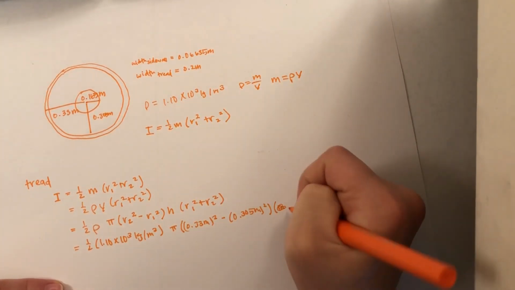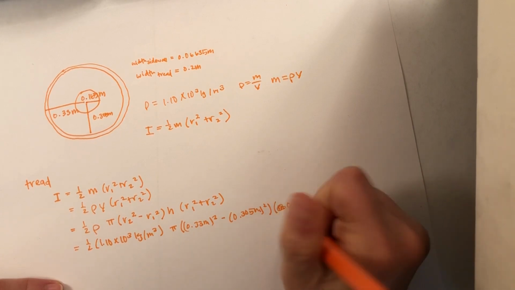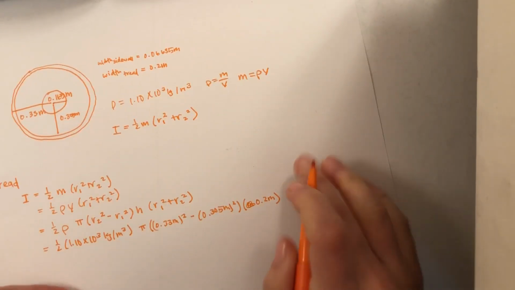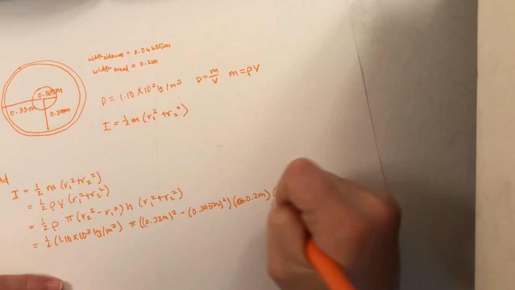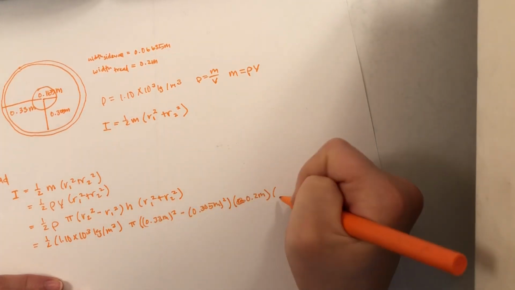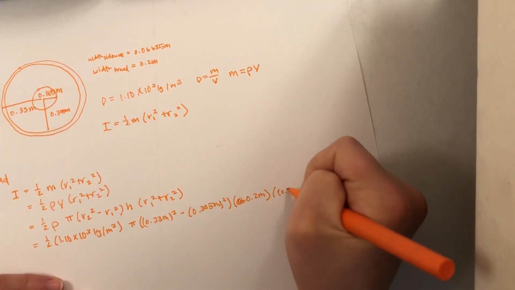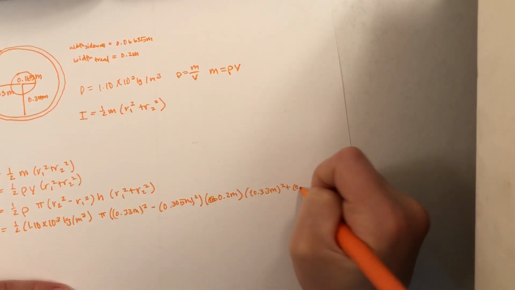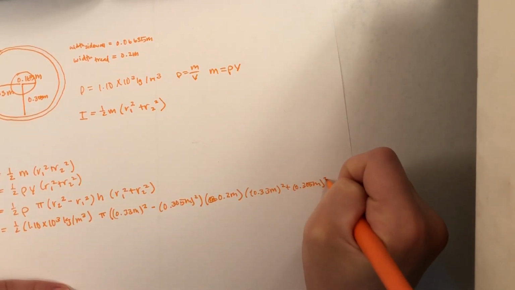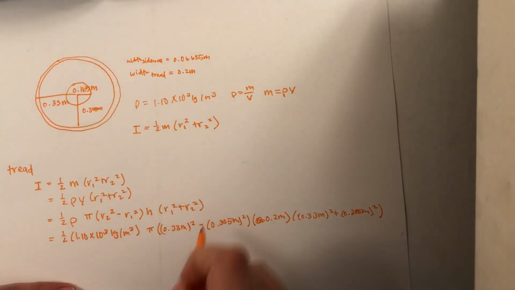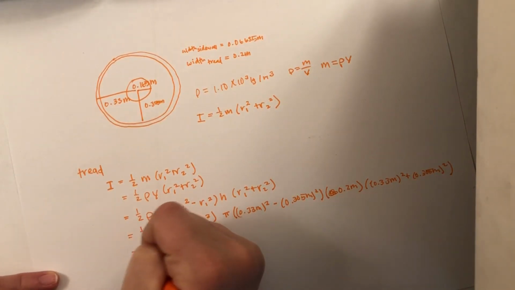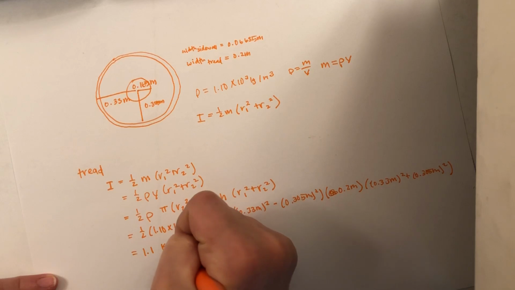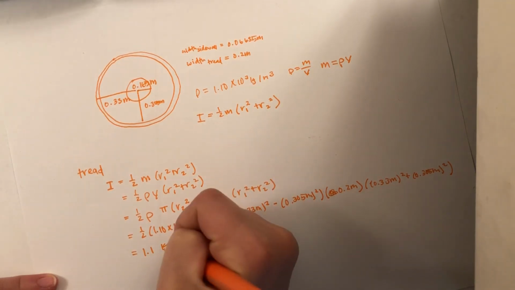The tread. The height is 0.2 meters. Okay, there we go. And then multiplied by r1 squared plus r2 squared. Calculate that all out, and it will come out to 1.1 kilogram meter squared.